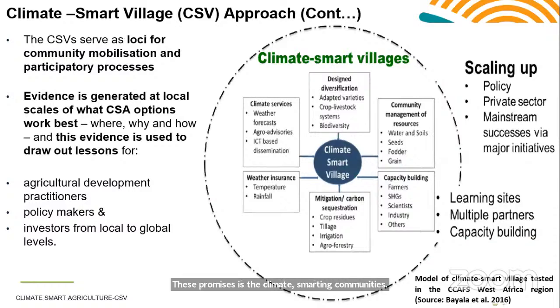So, as I have alluded to, climate smart villages provide a very good platform for community mobilization and engaging them in participatory processes, which is very, very key for sustainability. And the evidence here is generated, as I've indicated, at local scales of what climate smart agriculture options work best, where, why, and how.